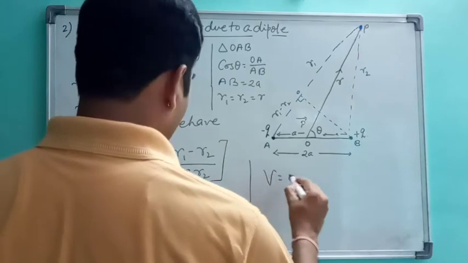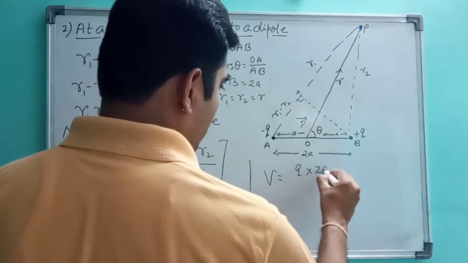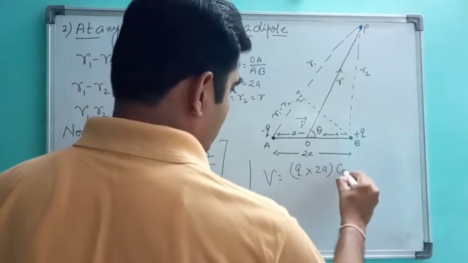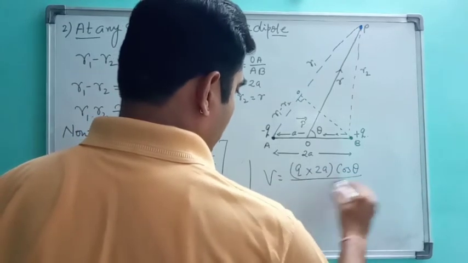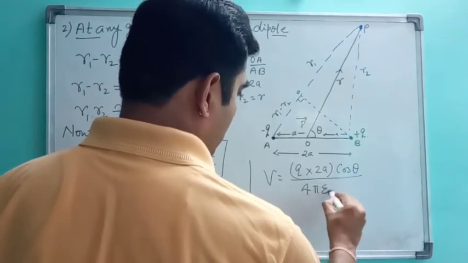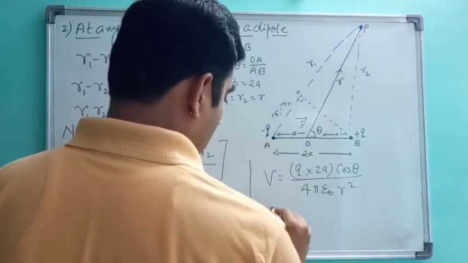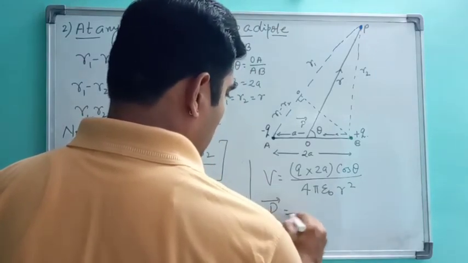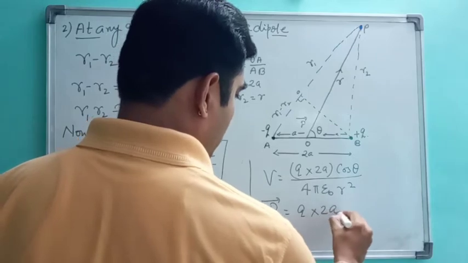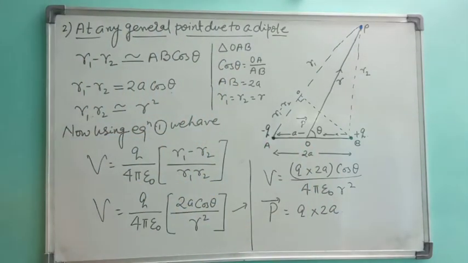So V is equal to Q into 2a cos theta upon 4 pi epsilon naught R square. The dipole moment p is equal to Q into 2a. Write down, be careful.